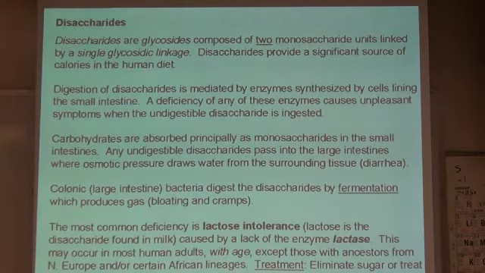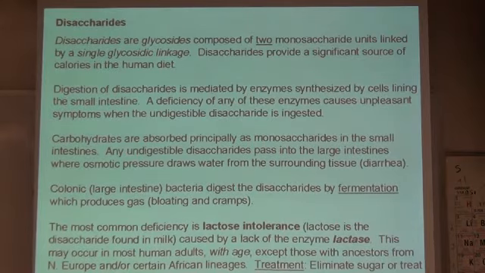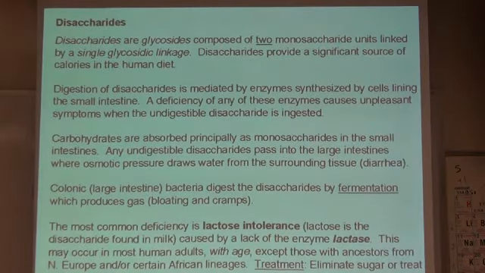And so you start to identify certain foods that you can't eat because they cause you discomfort in your digestive tract. Lactose intolerance, because lactose is a disaccharide, is very common. It's not life-threatening, but it's very common. It's not a disease. It's just a common occurrence. My son has it.